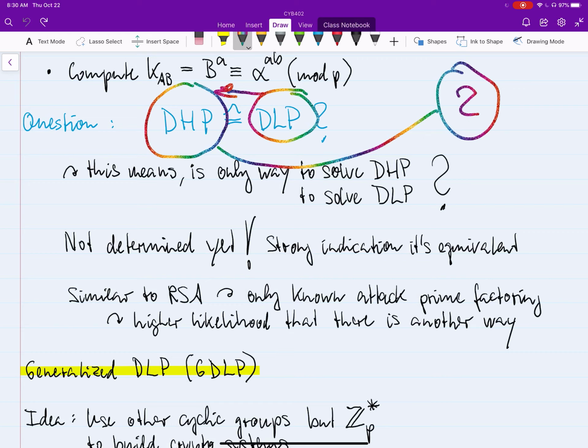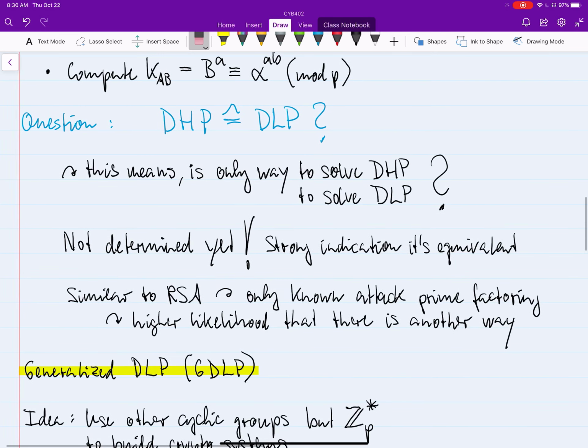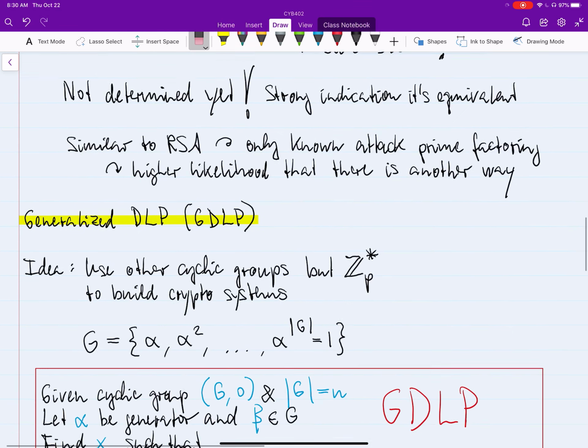Fortunately, experts in the field agree that most likely this is actually equal. So we seem to be in luck. Okay, if we can believe experts, and we probably should.